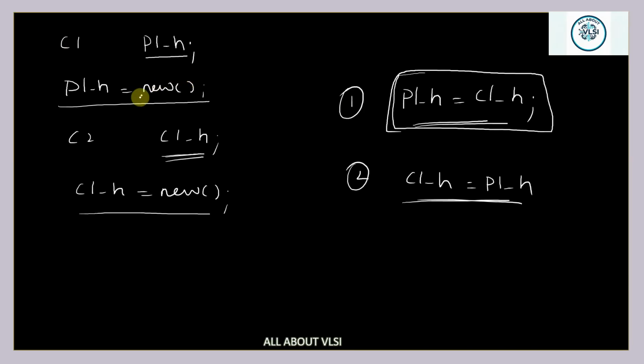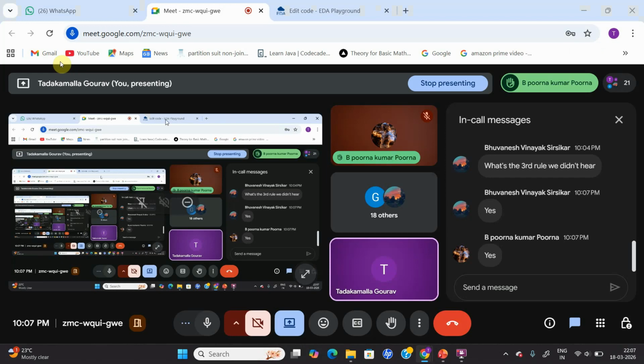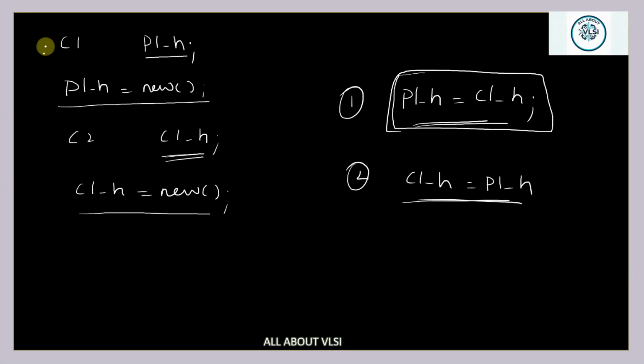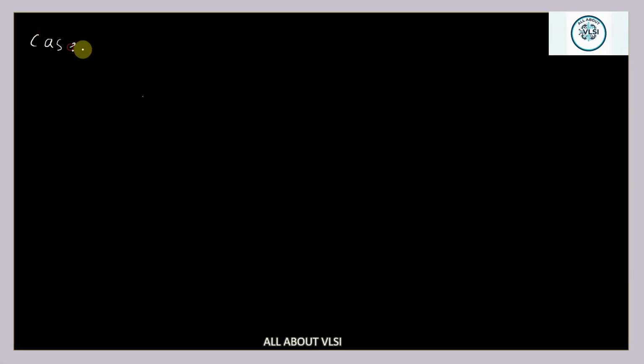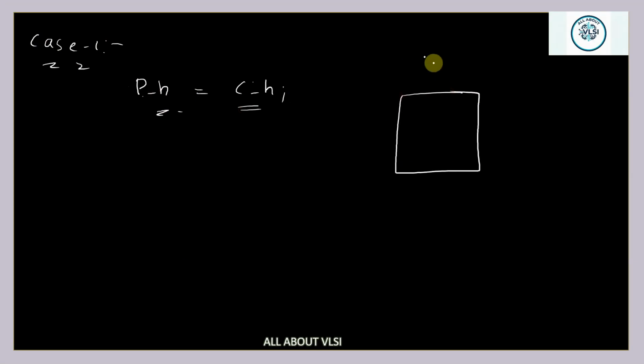In case number one, which we took over here, we have declared a parent handle and we are assigning it to a child handle. So we have a child object and this parent handle is now pointing to my child object.